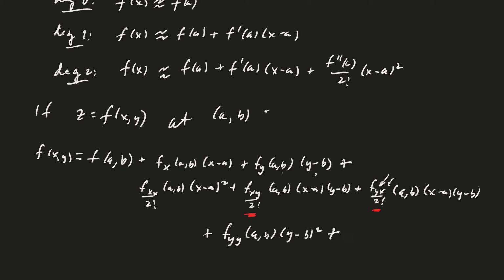And then you could go even higher. You could say third derivative at a, b times x minus a cubed plus dot dot dot. Okay, I hope you see the idea there, because we don't usually do the multivariate Taylor series, but it's kind of fun to look at.